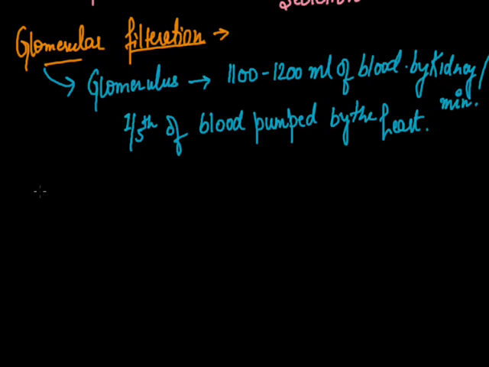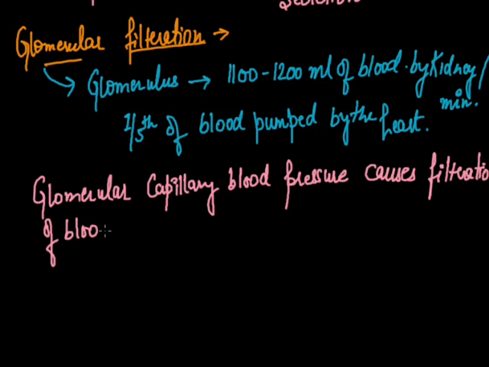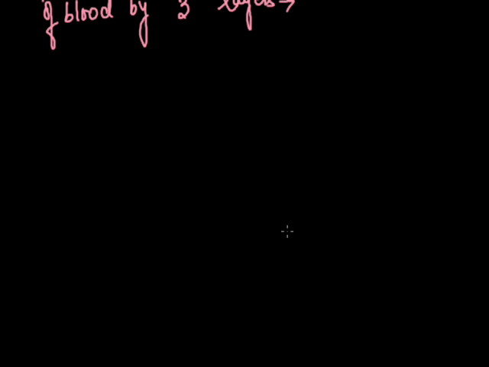In the glomerulus, the glomerular capillary blood pressure causes filtration of blood, involving three layers. With the help of these three layers, the filtration occurs.